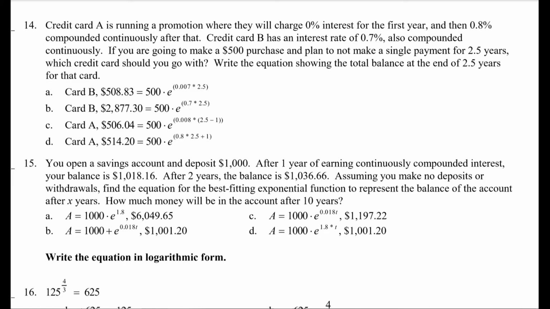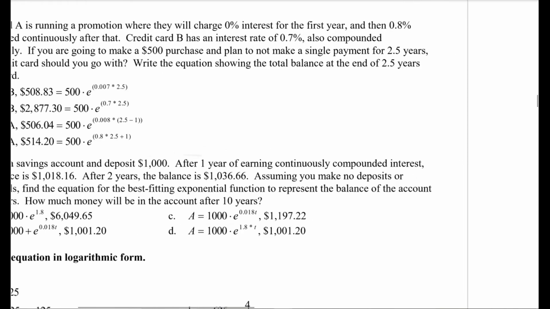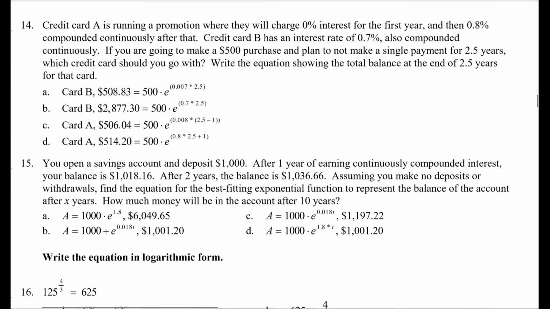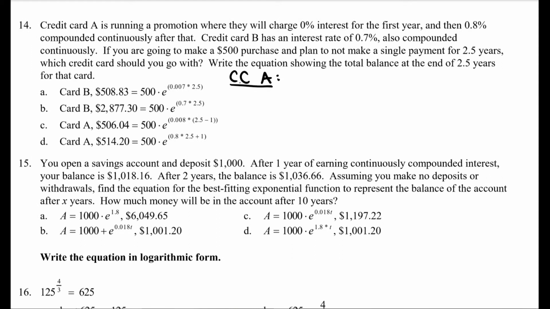All right, so let's break it up into the two credit cards. So on one hand, we got credit card A, I'll call it CCA. So for credit card A, remember they're compounding continuously, so that's going to be the Pert formula, right? So this is equal to PE to the RT. So now let's go ahead and plug in the numbers.